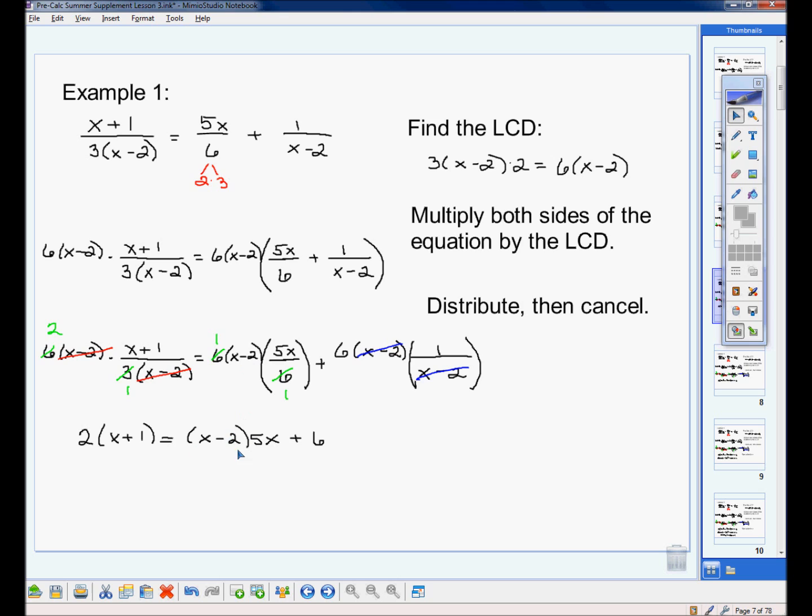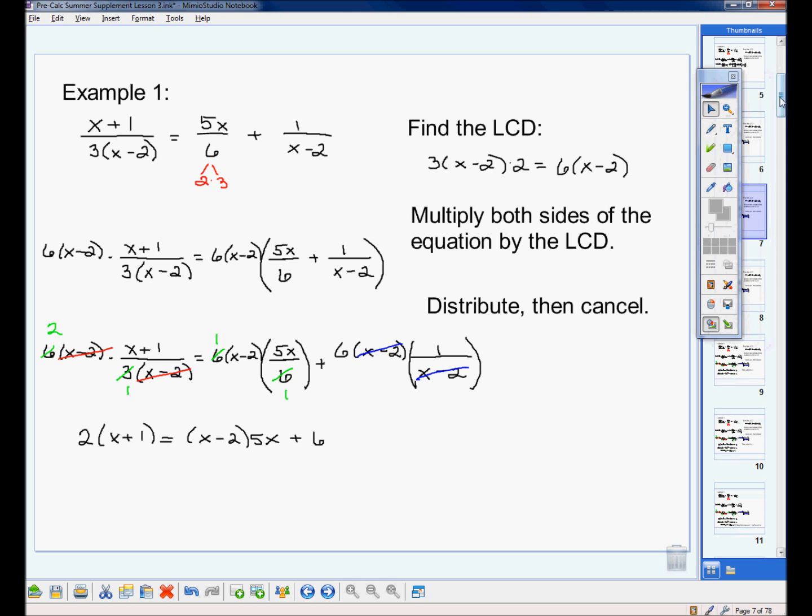We're only left with (x minus 2) times 5x for this one, and we're only left with 6 here. So multiplying both sides of the equation by the least common denominator serves the purpose of making a much easier to solve problem.